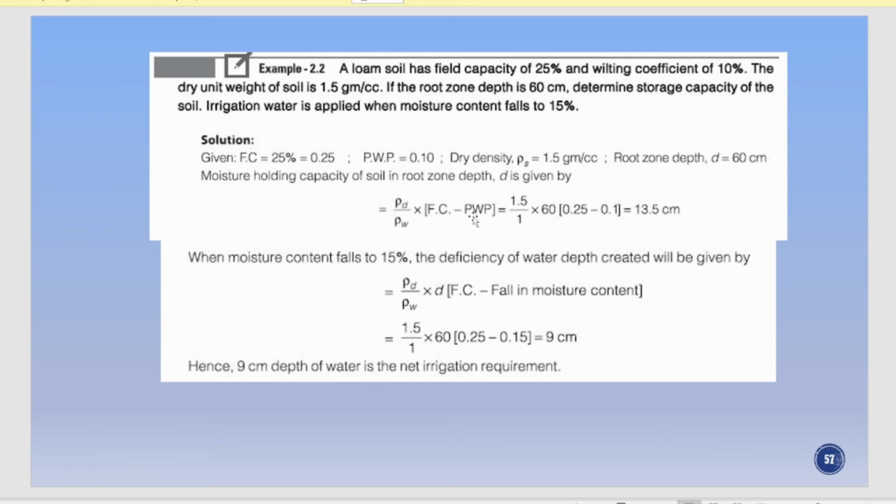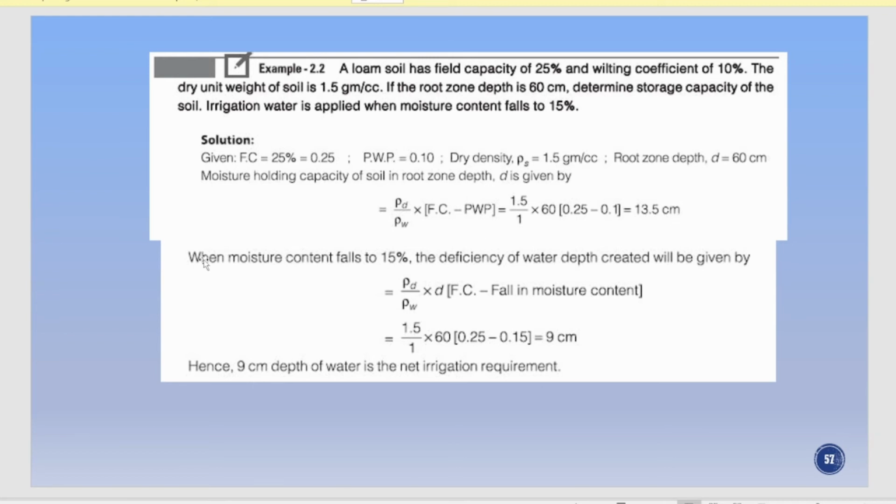It is written here, but there is a small mistake in the equation. We need to multiply here the D also, depth of root zone. So 1.5 divided by 1 multiplied by 60 centimeter, in terms of centimeter, and multiply with the difference, FC minus PWP. So you'll get to know the depth of water that can be stored, which is 13.5 centimeter.